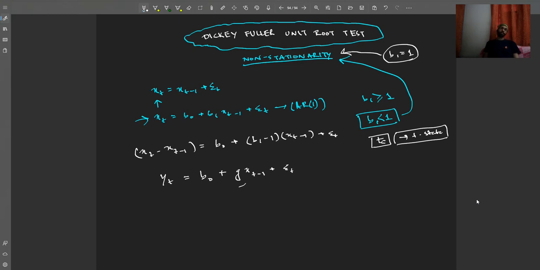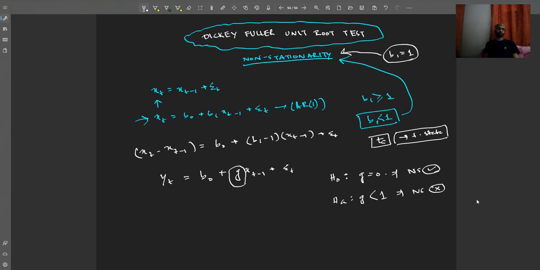Now we test for this g. That is, the null hypothesis says that g is equal to 0. That is, b1 is equal to 1, which implies there is non-stationarity. Non-stationarity is there. And the alternative hypothesis naturally is g is less than 0, which means non-stationarity is not there.